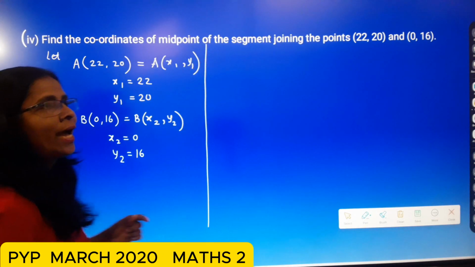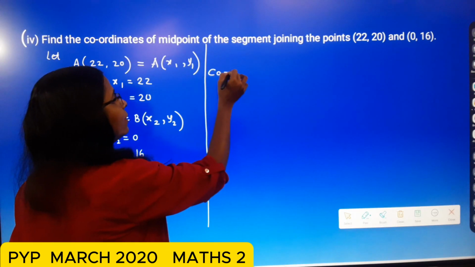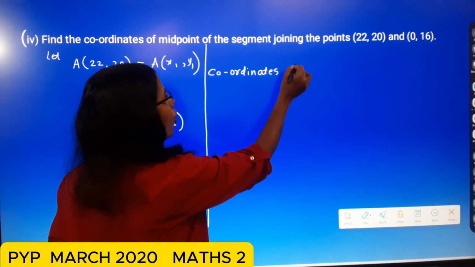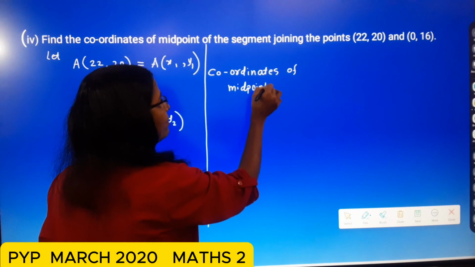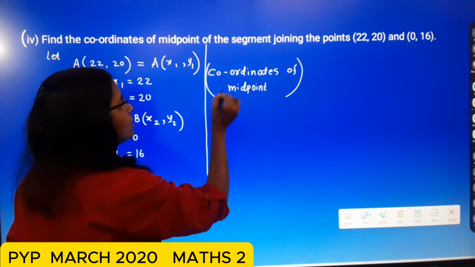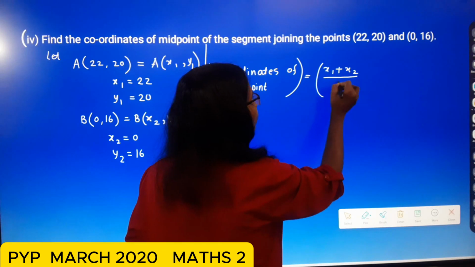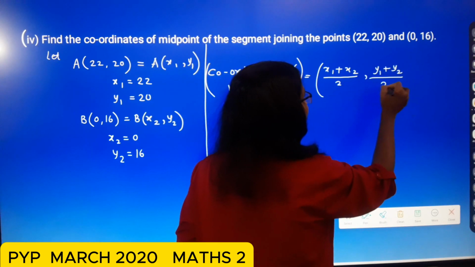Okay students, the midpoint formula: coordinates of midpoint is equal to (x1 plus x2) upon 2 comma (y1 plus y2) upon 2.